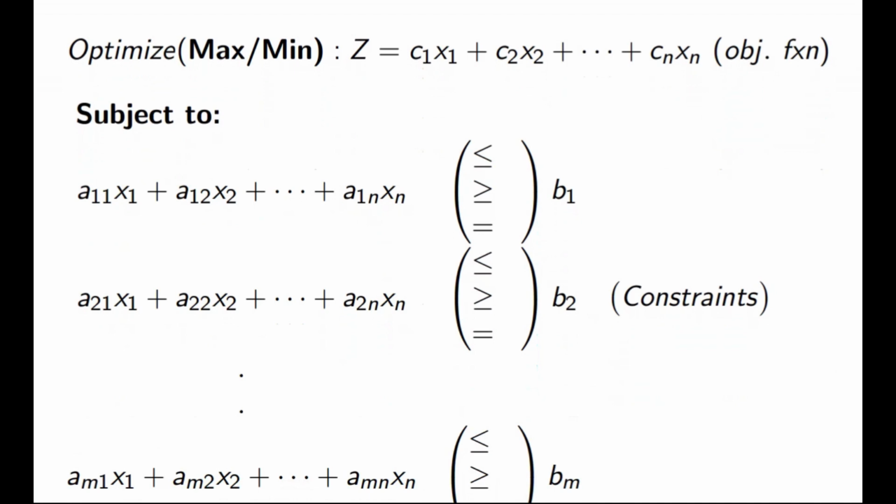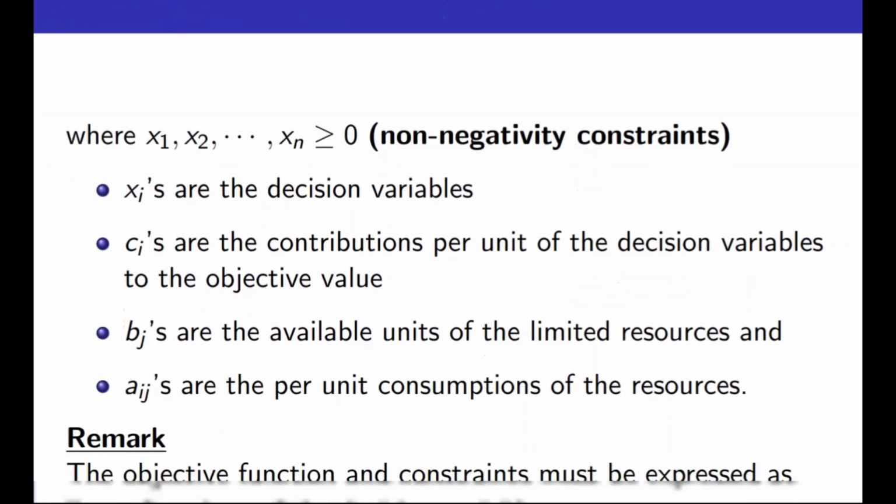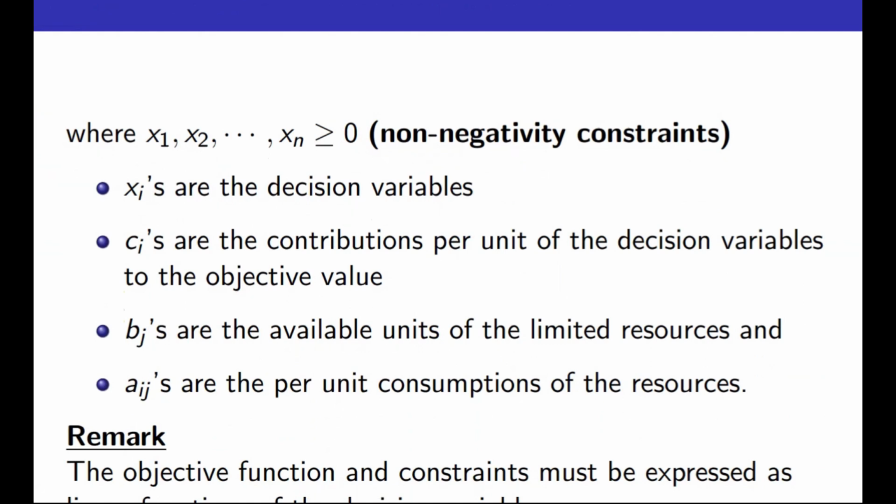In b2, we have a21 x1, a22 x2, all the way to a2n xn for b2 constraints, all the way to bm, where x1, x2, all the way to xn are greater than or equal to 0. That's the non-negativity constraint. xj's are the decision variables, cj's are the contributions per unit of the decision variables to the objective value, bi's are the available units of the limited resources, and aij's are the per unit consumptions of the resources.